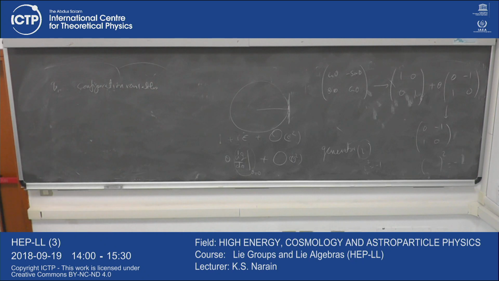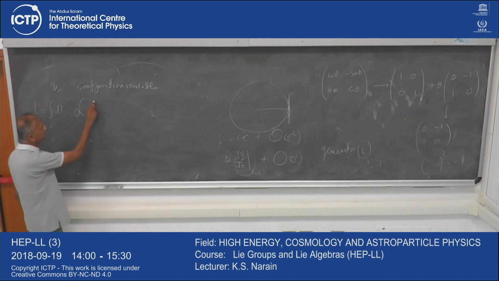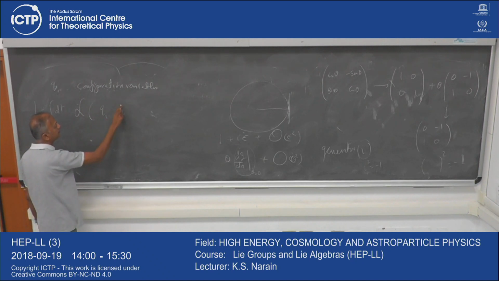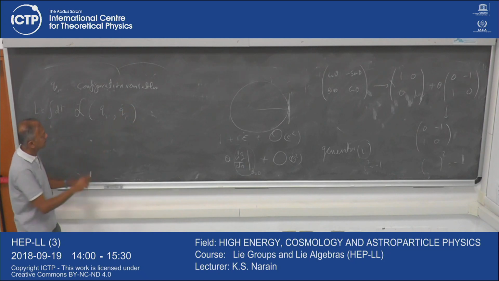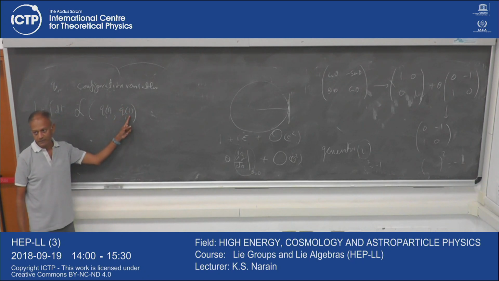And in classical mechanics, you know that one way to think about it is in the language of Lagrangians and the action and so on. So the action is simply the integral dt of some Lagrangian, which will depend on all these Qi's and their time derivatives. By dot I mean these are all functions of t, and dot means derivative with respect to t.